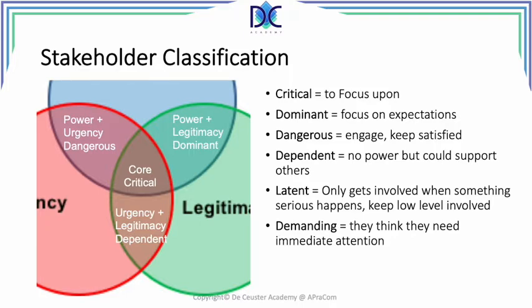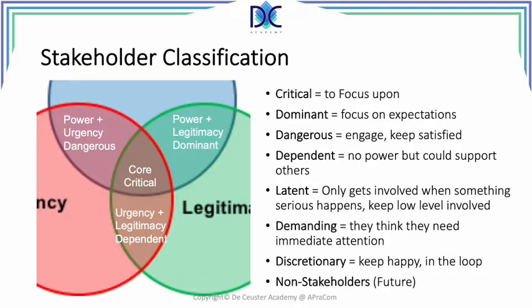They may become dangerous if you don't give that attention. There are some discretionary people that you want to keep happy, you keep them in the loop. They're not really of importance, but you just keep them happy, you let them know where everything is going. And then we have what we call non-stakeholders. They may be stakeholders in the future, but they are not stakeholders at this moment.